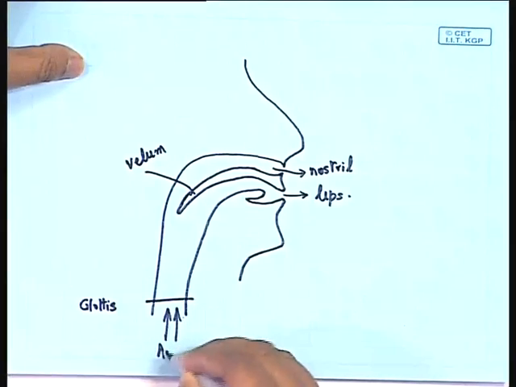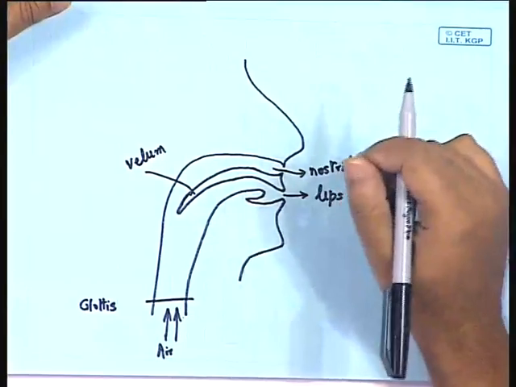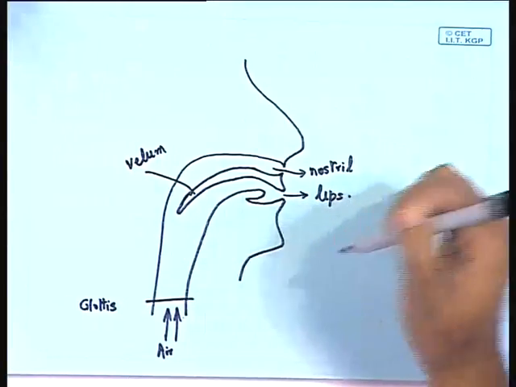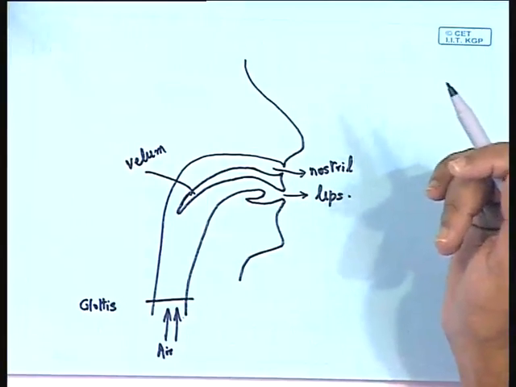So, this is the passage through which the air flows, and what I have shown as glottis is effectively the opening that we are having at the vocal cords. In fact, that opening is periodically controlled. It opens and closes periodically, not exactly periodically, rather in a quasi-periodic manner.